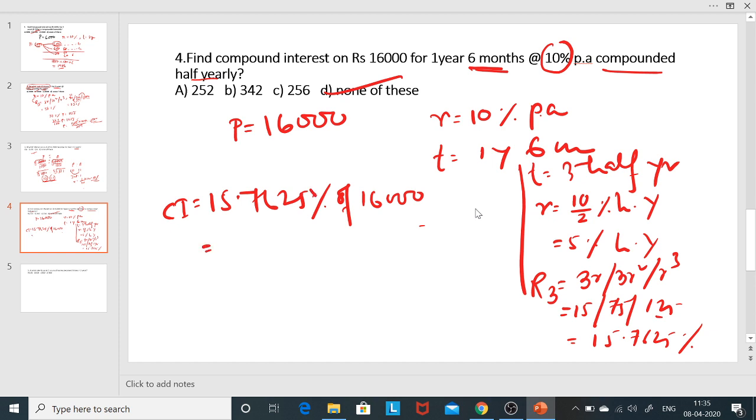Suppose 2 digits are there. Now if we write like this, 15.76 percentage, if we make the approximation, 15.76 percentage of 16,000, so percentage cancelled, and here it is also 20.